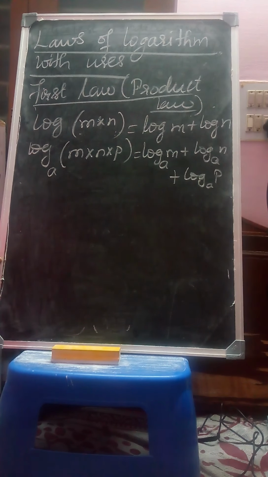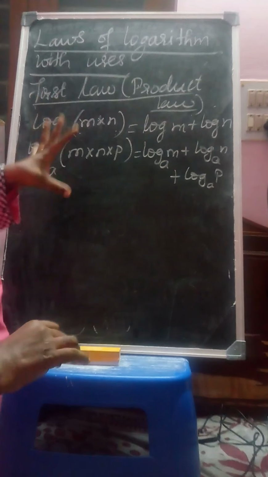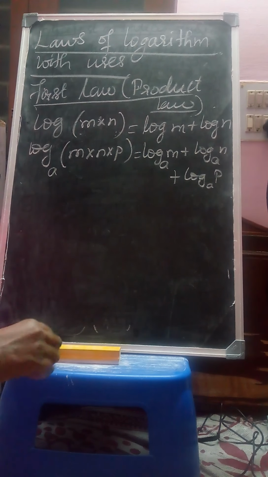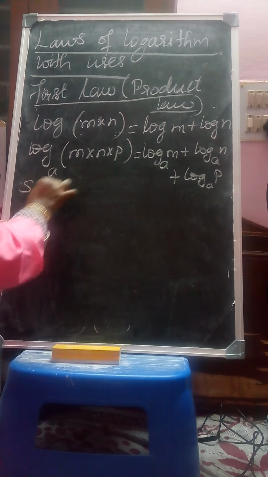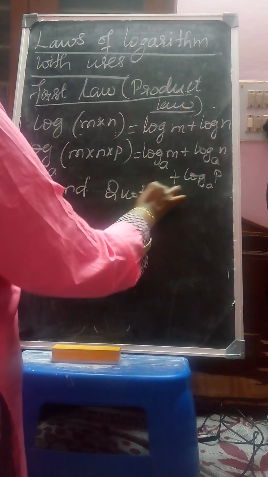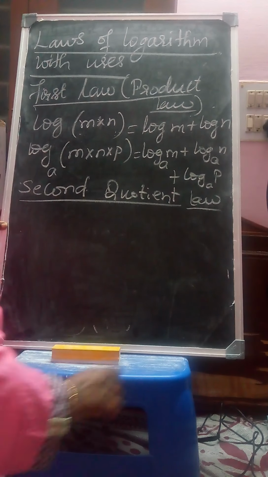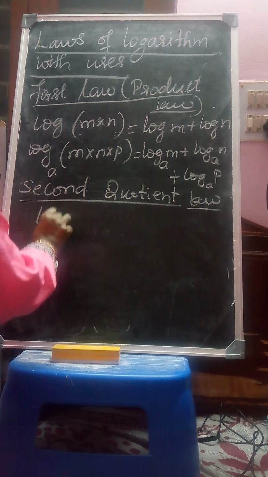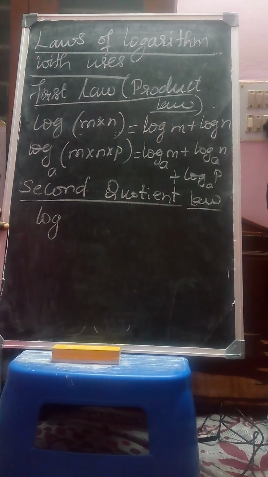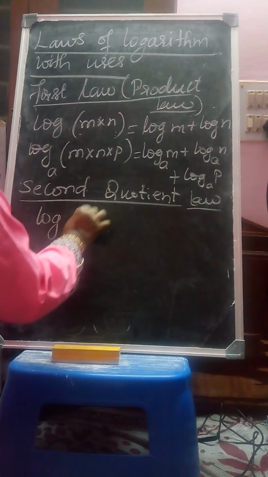Now the second law, I don't want to discuss anything else here which will confuse you. You learn this much, that is enough. The second law is what we call the quotient law. The quotient law is when you have a logarithm of a quotient, that is a fraction like m by n.